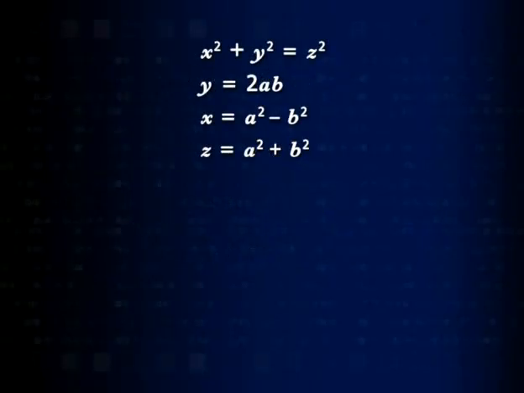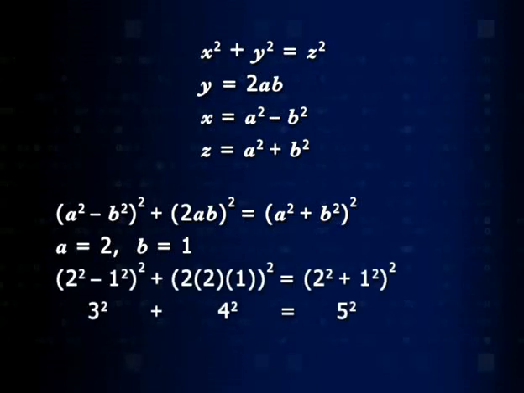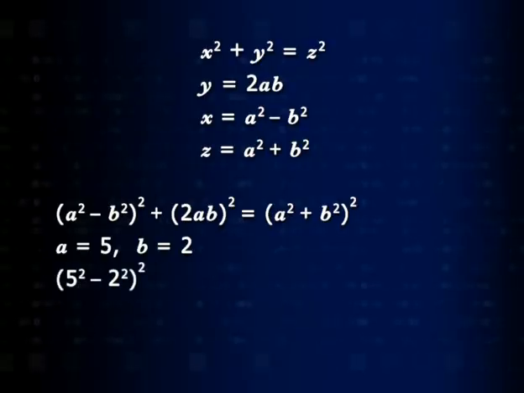For example, if we let a equal 2 and b equal 1, then we just rediscover the 3, 4, 5 right triangle. If we let a equal 5 and b equal 2, then we find that x equals 5 squared minus 2 squared, which is 25 minus 4, or 21.